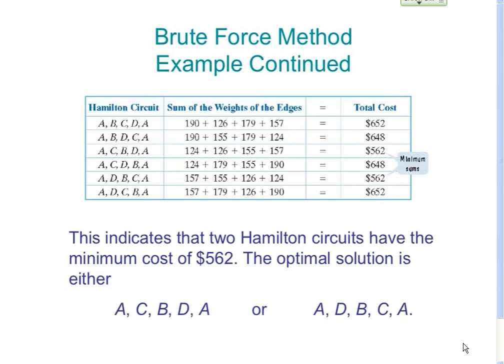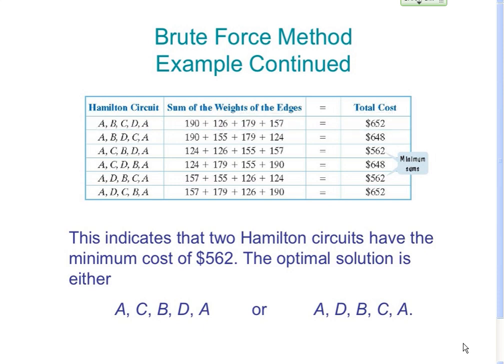The first Hamilton circuit we're going to look at is A, B, C, D, A. If we find the sum of the weights, A to B is 190, B to C is 126, C to D is 179, D to A is 157. You add those up, you get $652.